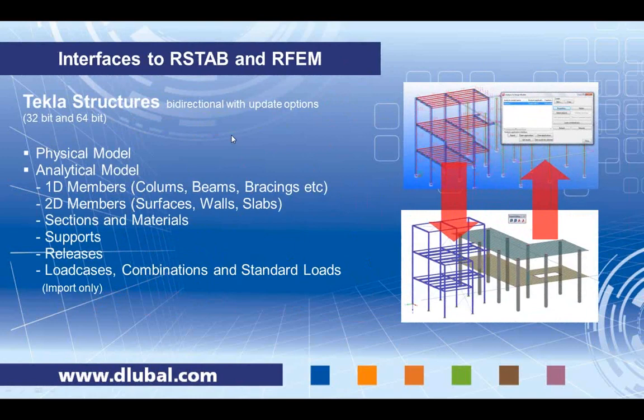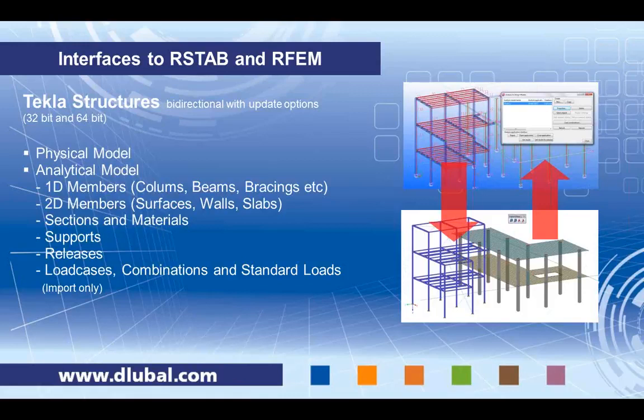It is a bidirectional interface with update options, and it works in a 32-bit and a 64-bit environment. We can distinguish between a physical model and an analytical model, and it is important to know the difference. In general, when you work in an architectural program or a CAD application, you basically model the structure as you would build it later.